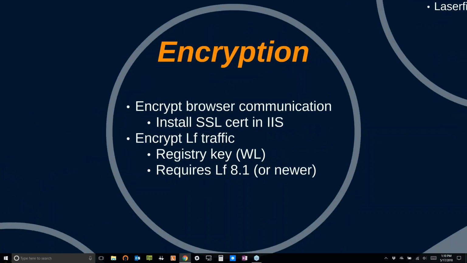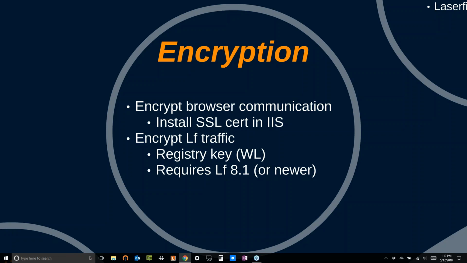If you would like to encrypt the communications, you can use encryption with WebLink. You can encrypt your browser communication by installing an SSL certificate in IIS and then applying that certificate to WebLink. You can also encrypt your Laserfiche traffic if you'd like, and that's set within the registry on your key.